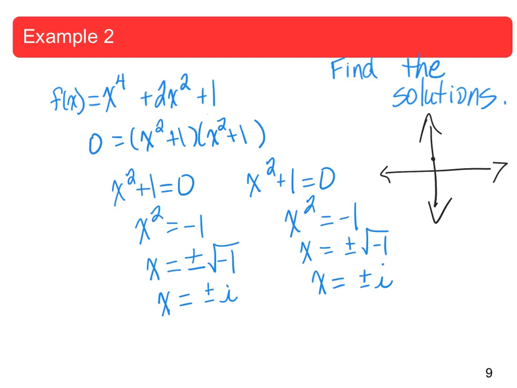So it could look something like that. It could also look something like this. As long as it crosses at 1, we don't have any more information on what it looks like. Okay, we do know that it goes in the same direction and it's going up because of our leading coefficient. But we do not cross the x-axis at all.